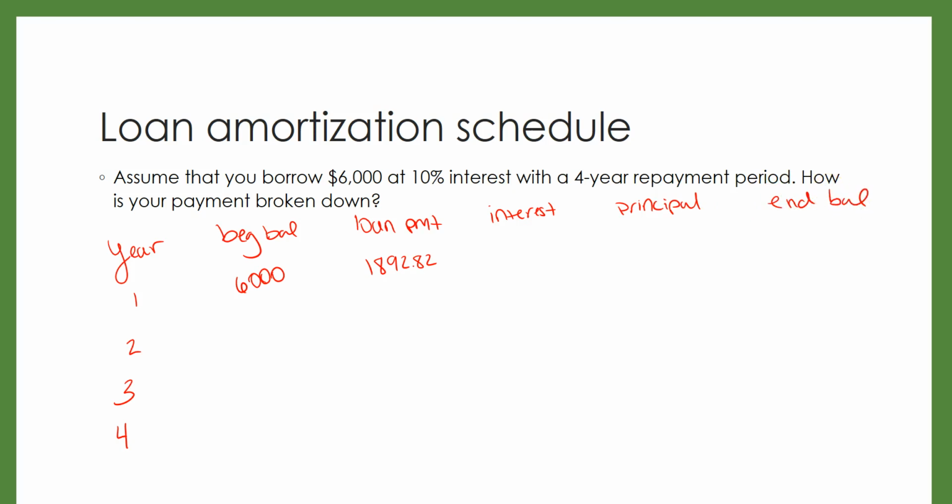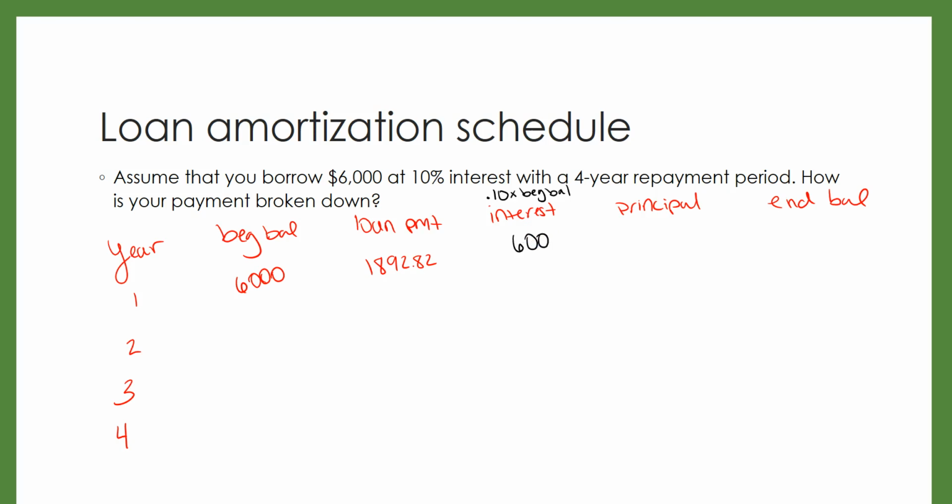So the interest, to calculate that, it is equal to the interest, the periodic rate on our loan, which here is 10%, multiplied by our beginning balance. So for this, it's going to be 10% times $6,000, so $600.